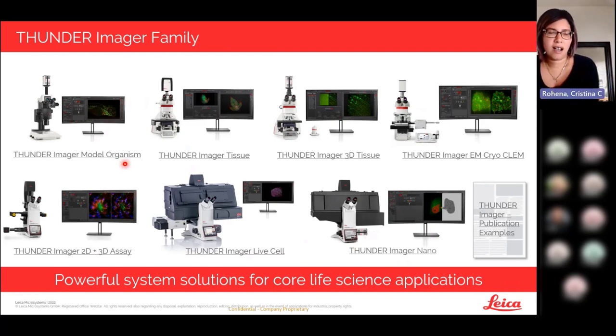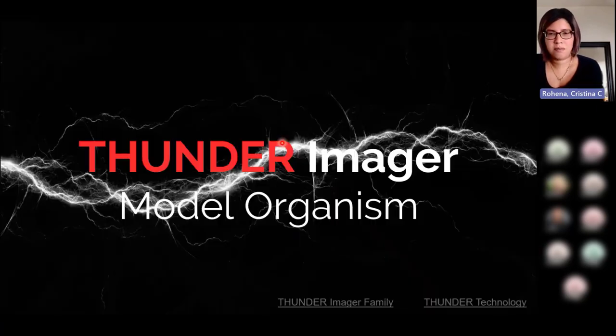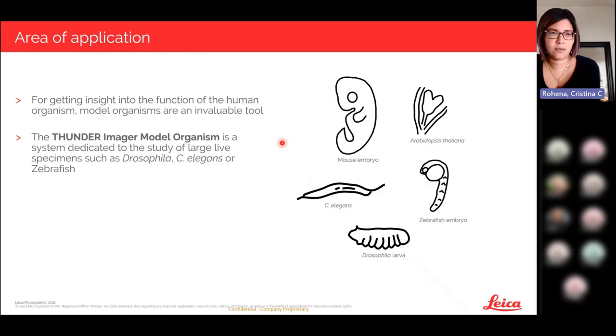Today, I'm going to start with our Thunder Imager Model Organism. This is based on our stereo microscope platform, our M205 fluorescent microscope. The area of application where it's really applicable is the visualization of model organisms themselves, so anything like mouse embryos, zebrafish, C. elegans, Drosophila.